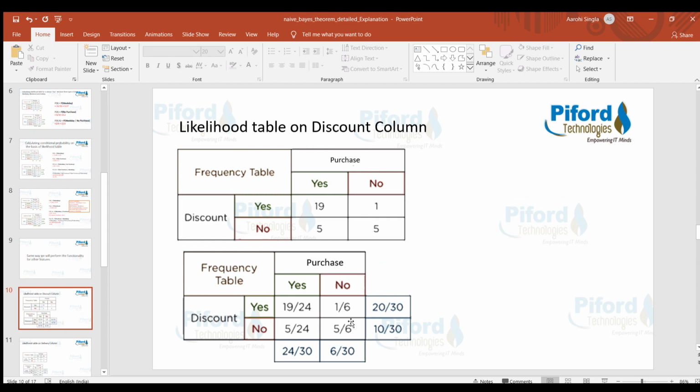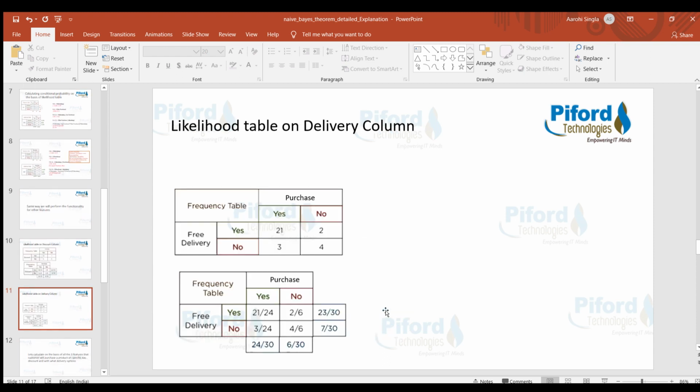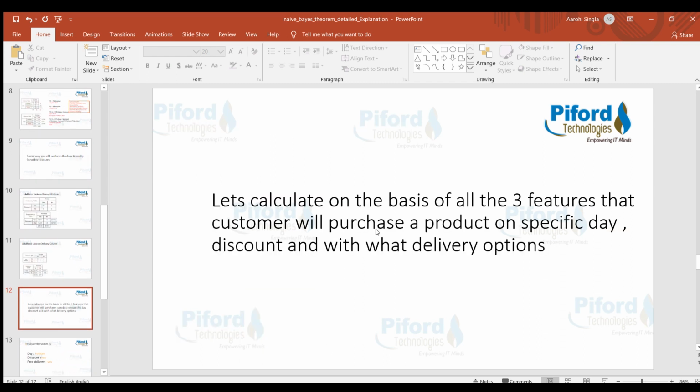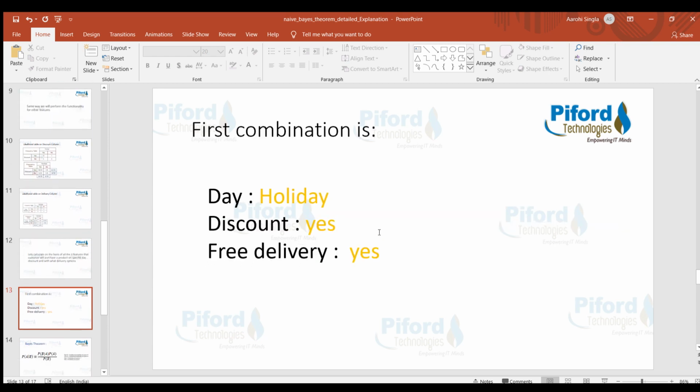This is the frequency table and this is the likelihood table, right? In the same way we have a likelihood table for delivery also. Now let's combine all the features together and calculate the probability. Suppose this is the situation: if the day is a holiday, discount is yes and free delivery is yes, then what is the probability of purchase? This is what we want to solve.